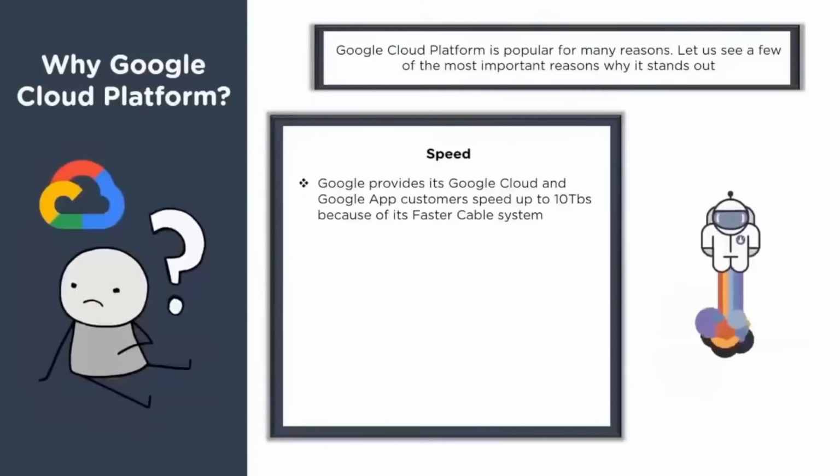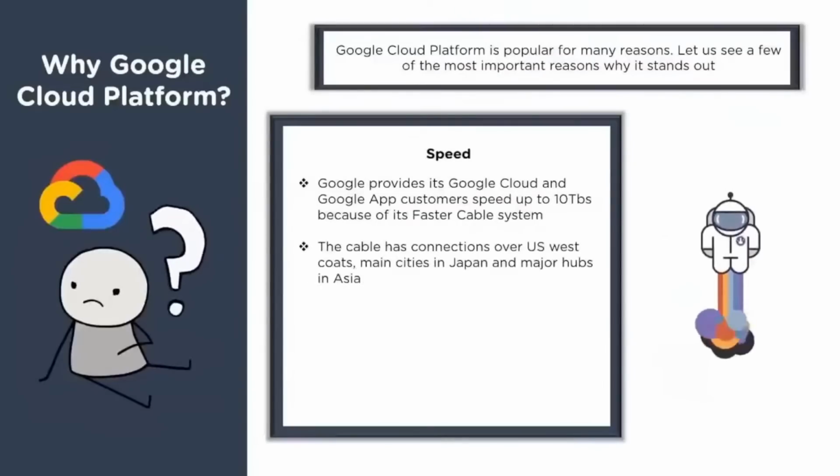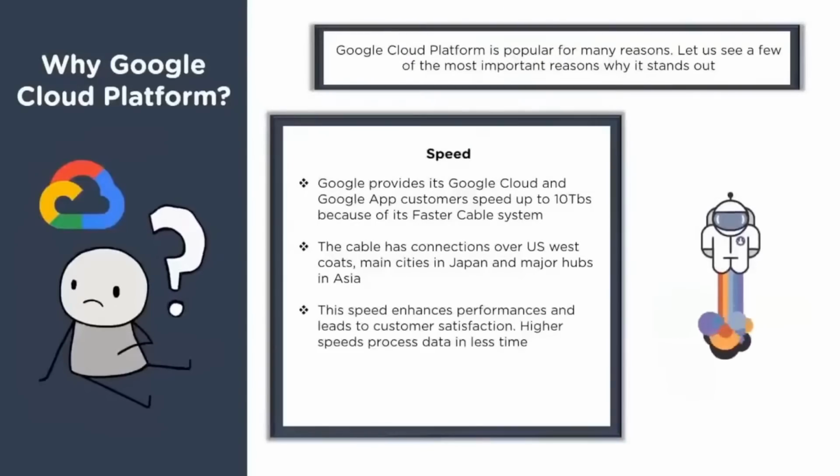All in all, speed is one of the defining characteristics of Google Cloud services. The cable has connections over the US West Coast, main cities in Japan, and even major hubs in Asia. This speed enhances performance and leads to customer satisfaction.